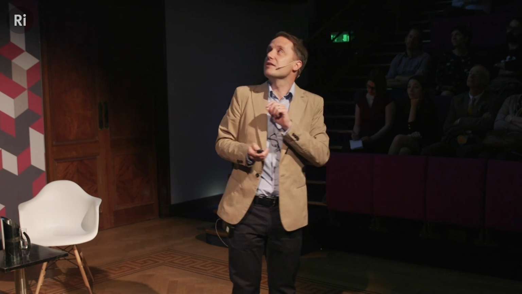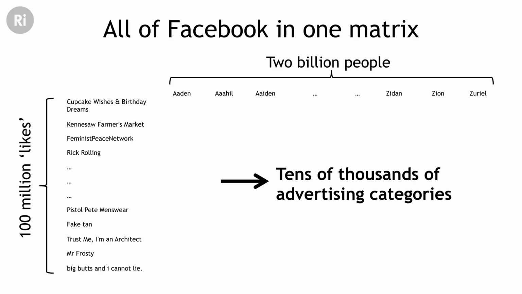Now, we can't expect all of these 100 million likes just to be reduced down to two dimensions. So what Facebook do is they reduce it down to tens of thousands of dimensions. So they take these 2 billion people and they reduce them to tens of thousands of advertising categories.